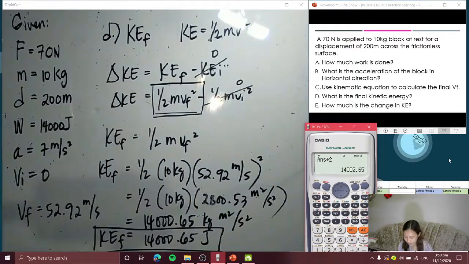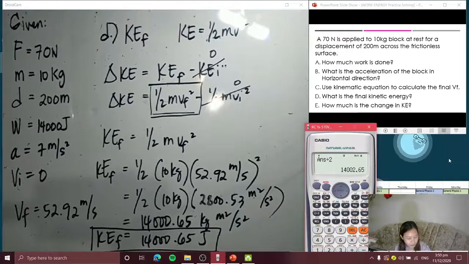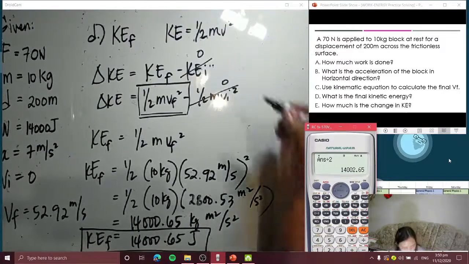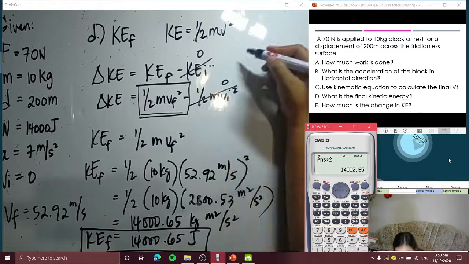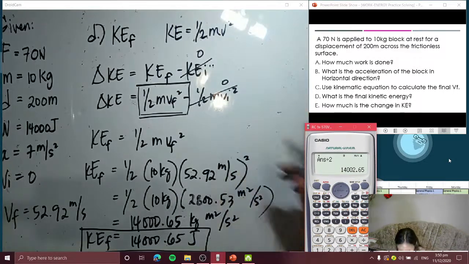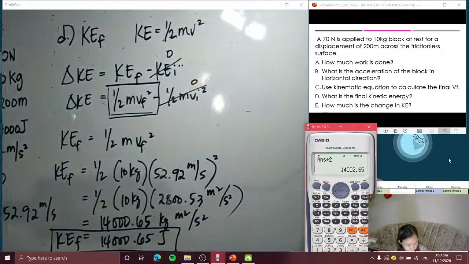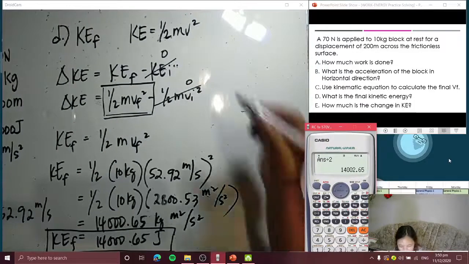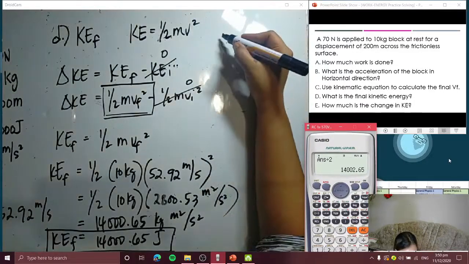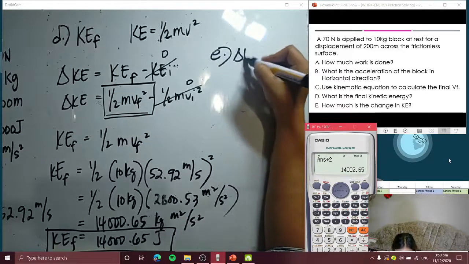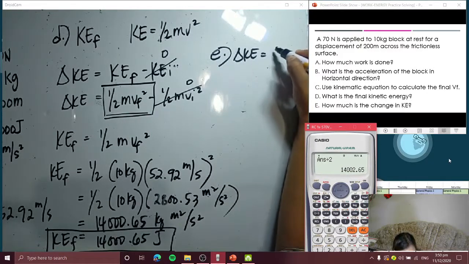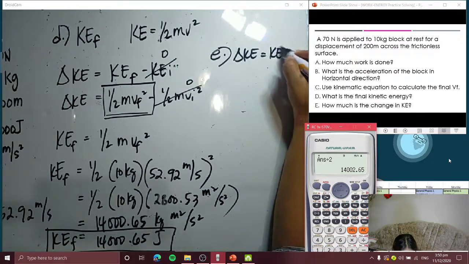So for letter E, our change in KE is equal to KEF.